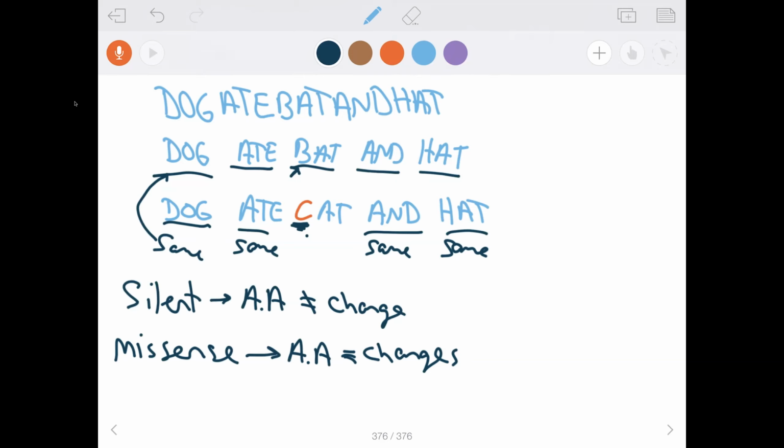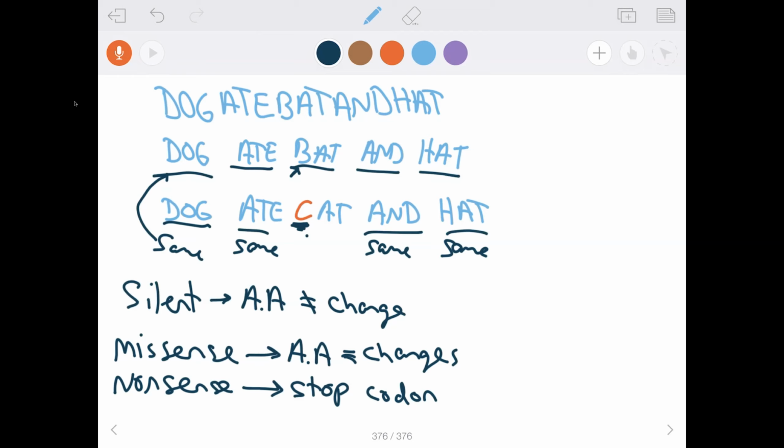And then the third thing that can happen is a nonsense mutation. And this is where you actually code for a stop codon. So if this change led to a premature stop codon, the whole protein wouldn't get made.